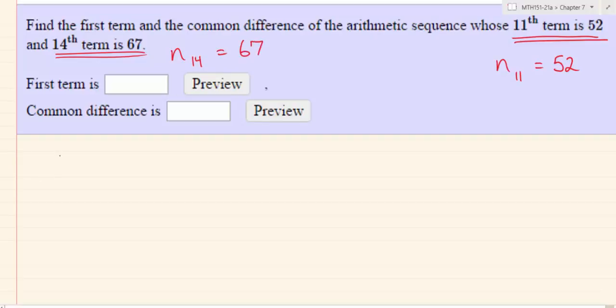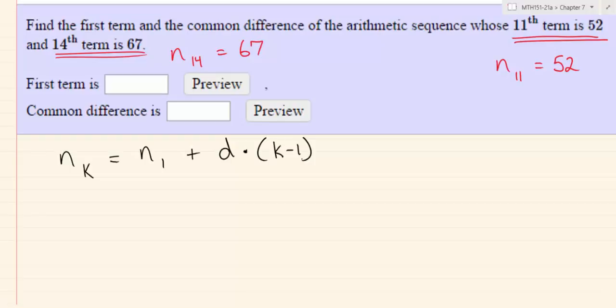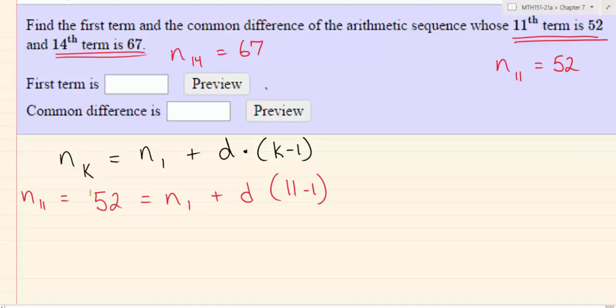Remember, our formula is n sub k equals n sub 1 plus d times k minus 1. So if we take this first piece of information, n sub 11 equals 52, and apply it to this formula, we would get something that would look like this. Can we solve this?